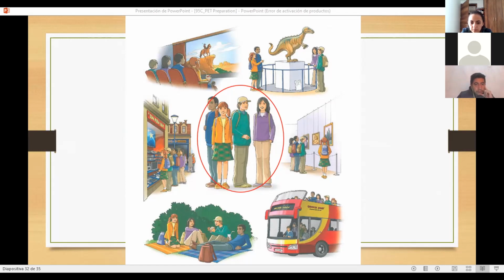Can you enter to your group, please? Okay. How is your conversation going on, guys?